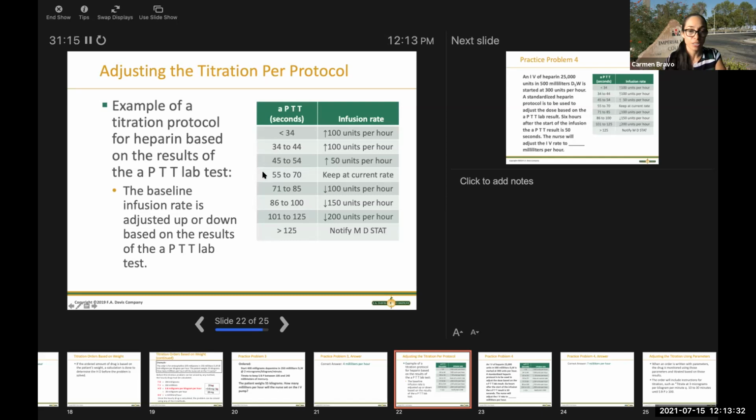Or vice versa, if the PTT level comes back greater than 125, that means the blood is really, really thin and the patient's not clotting, which could lead to internal bleeding. So if we get this greater than, we have to let the doctor know right away, or decrease the heparin from infusing. That's how delicate it is.